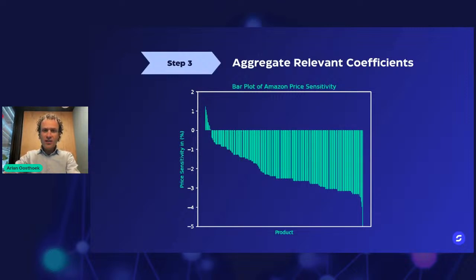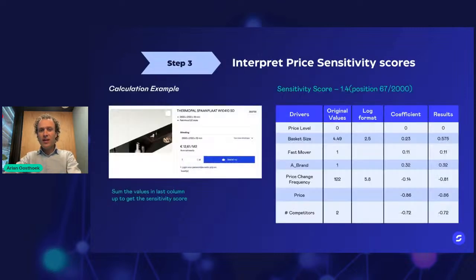And on the next slide, you see an example. So we validate the coefficients, but also the outcomes based upon a lot of products to really understand how the model behaves and how it comes to the logic of the sensitivity. So in this case, this product is sensitive. It has a minus score, and you see it's a plate, and this plate has a price.